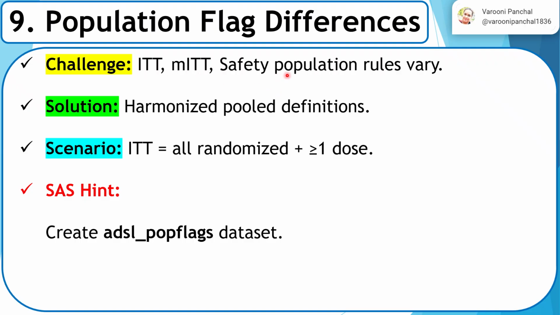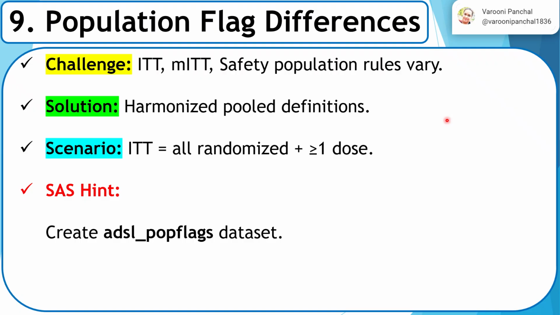So in those scenarios, you need to ensure that the solution is to get harmonized pooled definitions. The pooled definition should be very precisely mentioned in your ISS and ISE statistical analysis plan.